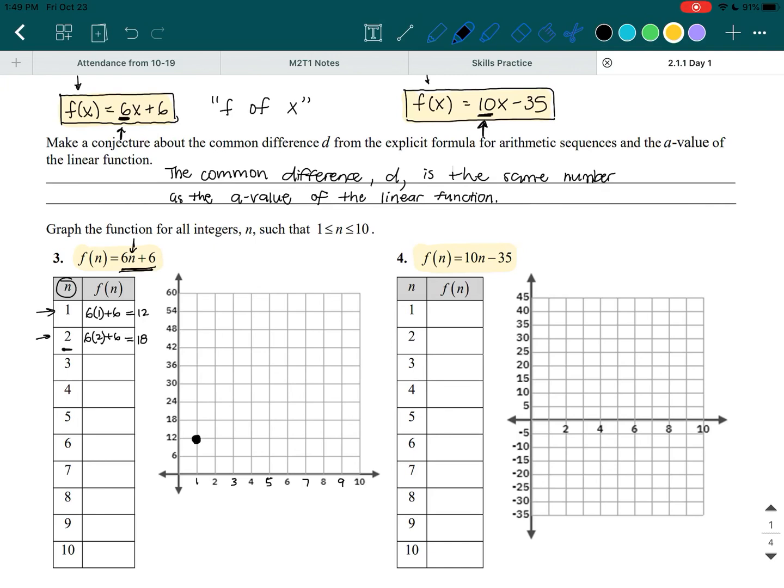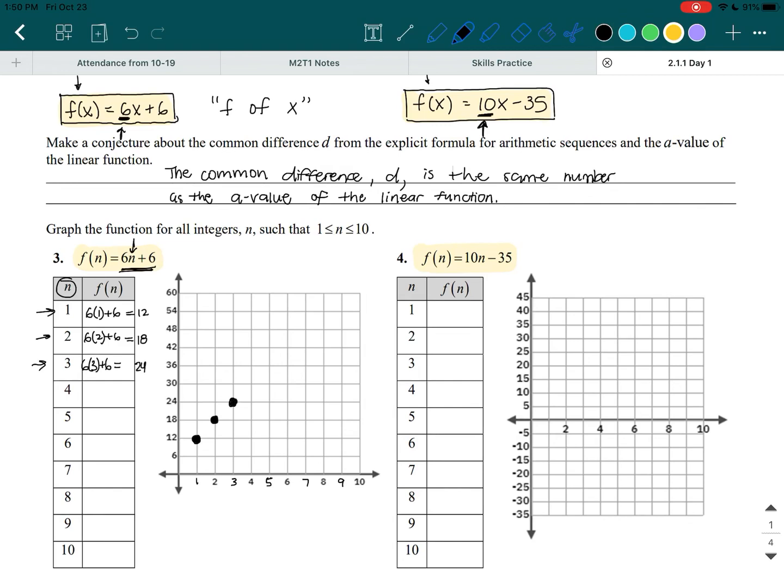So my next point is 2, 18. Put a point over here. The next thing is plugging in the number 3. So let's do that. 6 times 3 plus 6. You plug that in, you're going to get 24. So my next point is 3, 24.